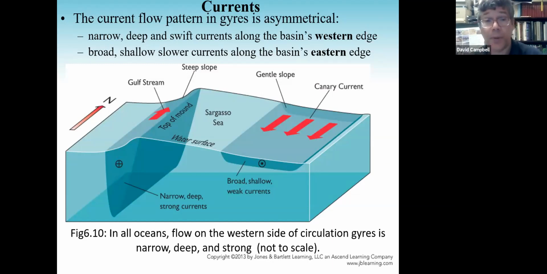Currents are different in different places. We tend to have much more narrow, deep, fast currents along the west side of an ocean, or part of an ocean, and much more broad, shallow, slower currents towards the east side. Okay. Why?